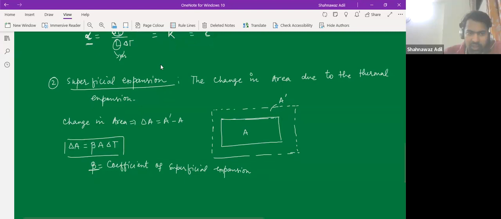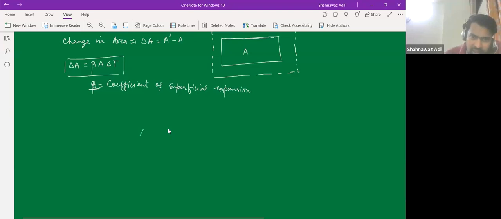From dimensional analysis, area is related to length squared.